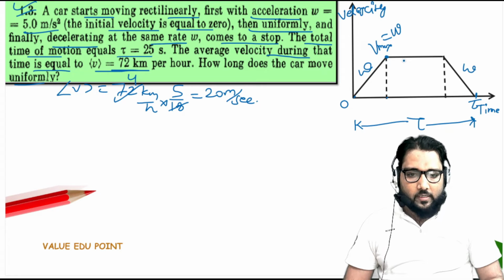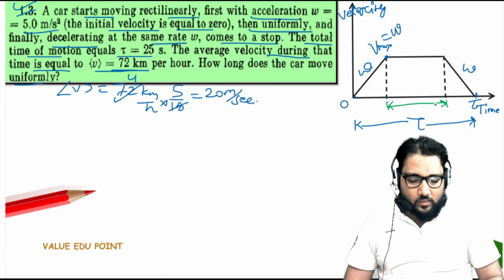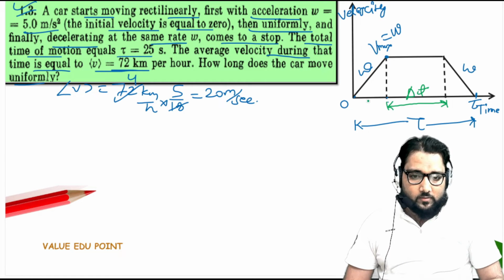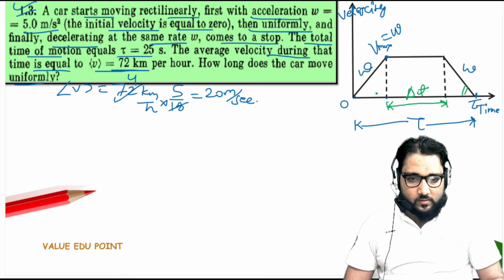here. So what I am taking is the uniformly covered distance. I am assuming the time taken in this portion, that is delta t. Okay, so this time will be half, this is the same area because the acceleration rate is same, so the slope will be same. So from geometric properties, the whole triangle will be same.